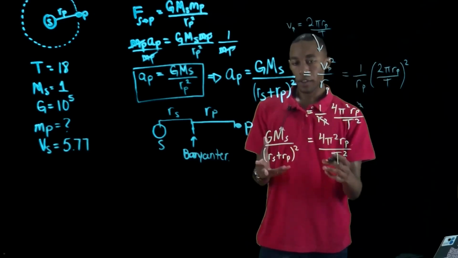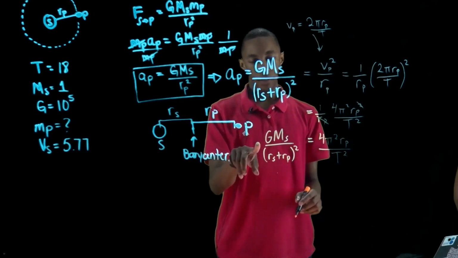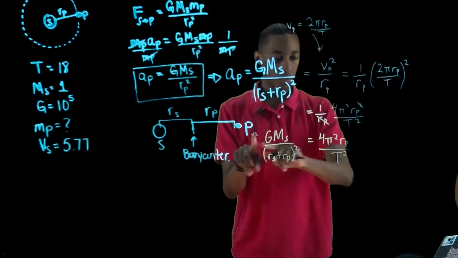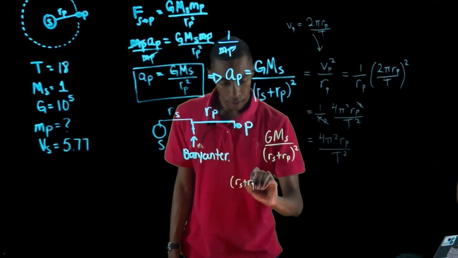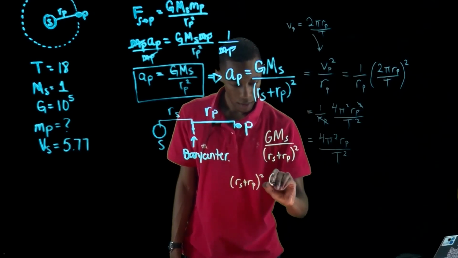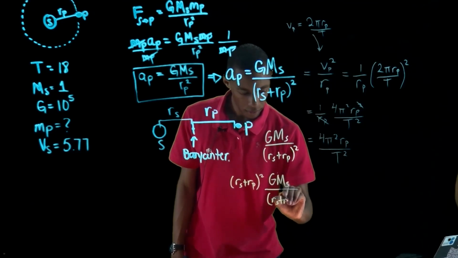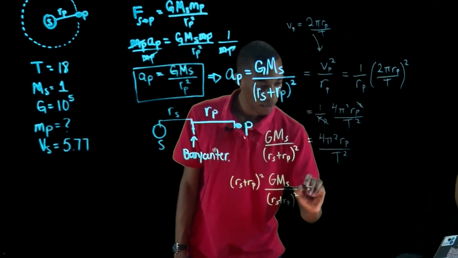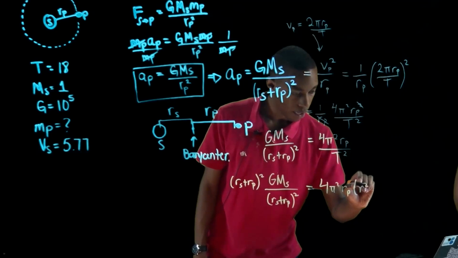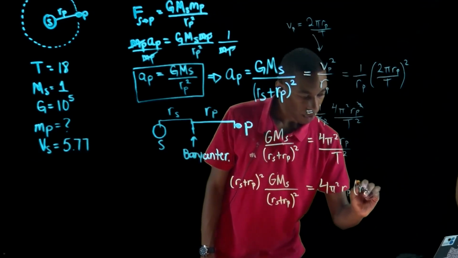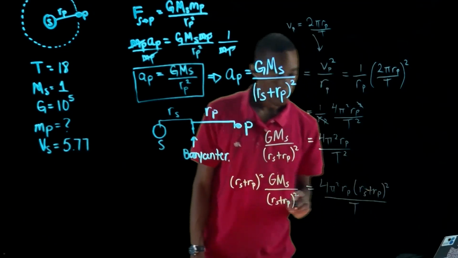And I can simplify this further and multiply both sides of my equation by (Rs plus Rp) squared. I'll have it here once and I'll have it here once. So times (Rs plus Rp) squared, GMS over (Rs plus Rp) squared is equal to 4 pi squared Rp times (Rs plus Rp) divided by the period, squared.